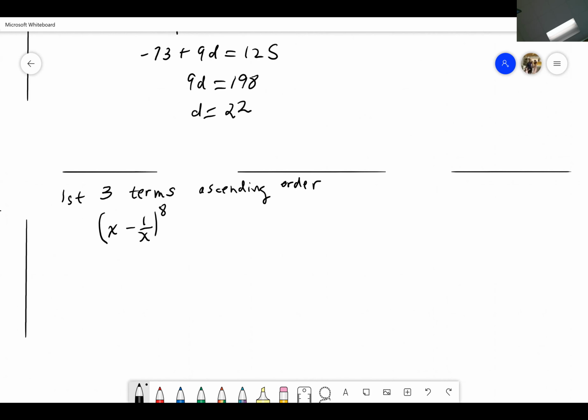So you know it's going to be 8C0 x^8, negative 1/x to the 0. And then you have 8C1 x^7.